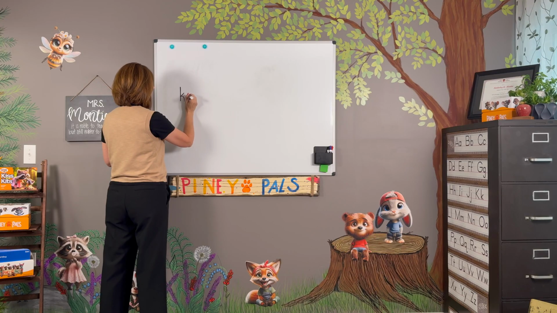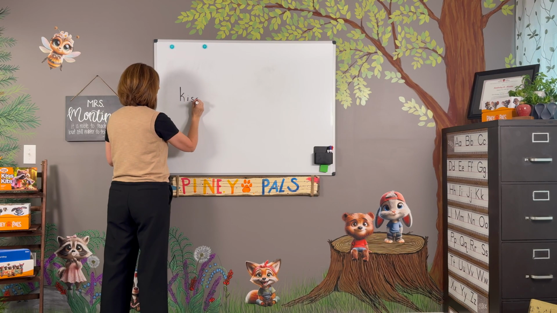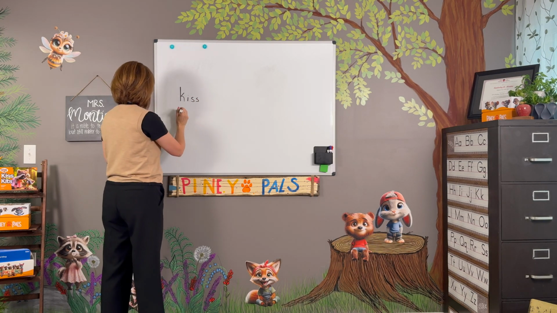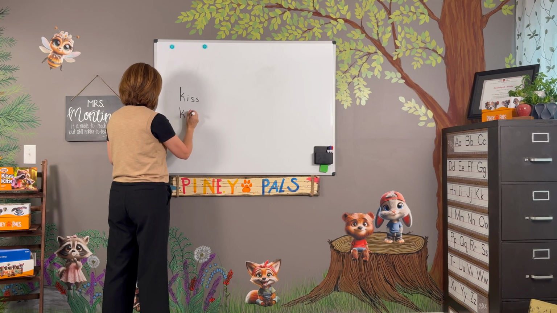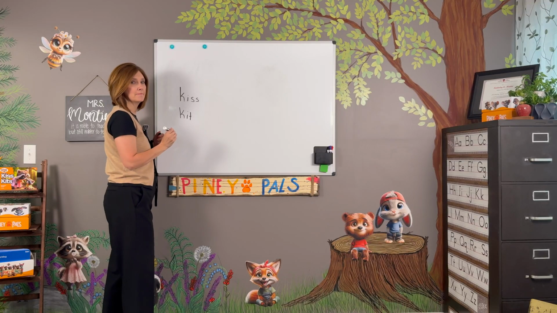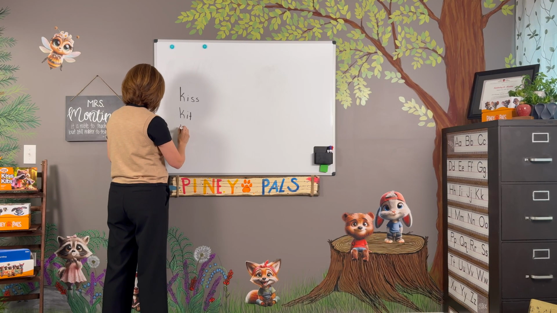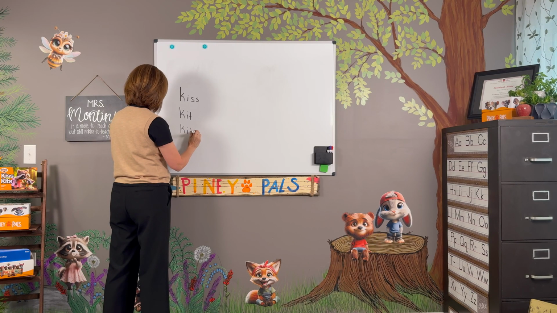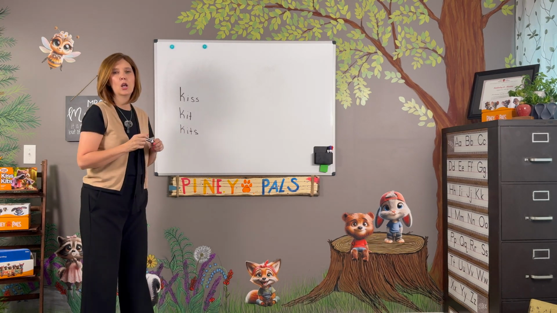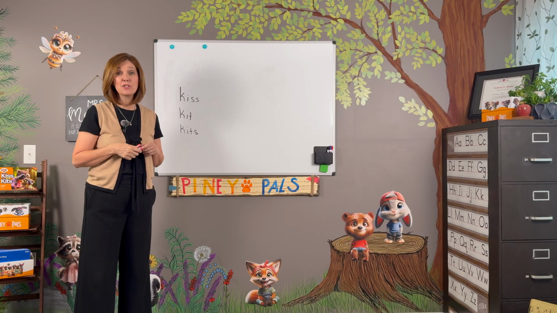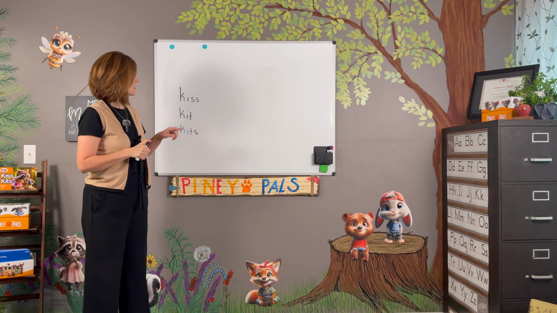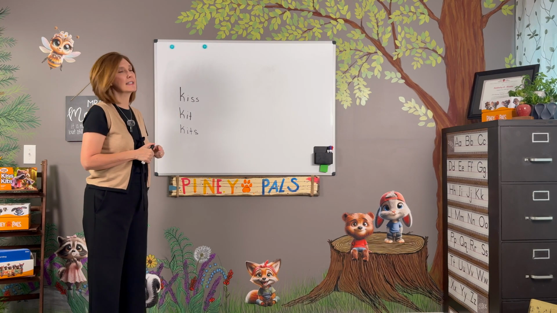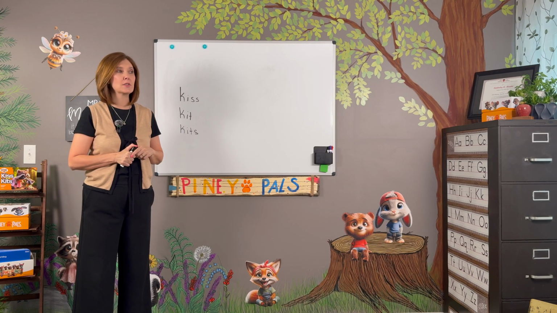K, I, S, S. K, I, T, and K, I, T, S. What letter is the same in each one of these words? That's correct. The letter K is the same in each one of these words.